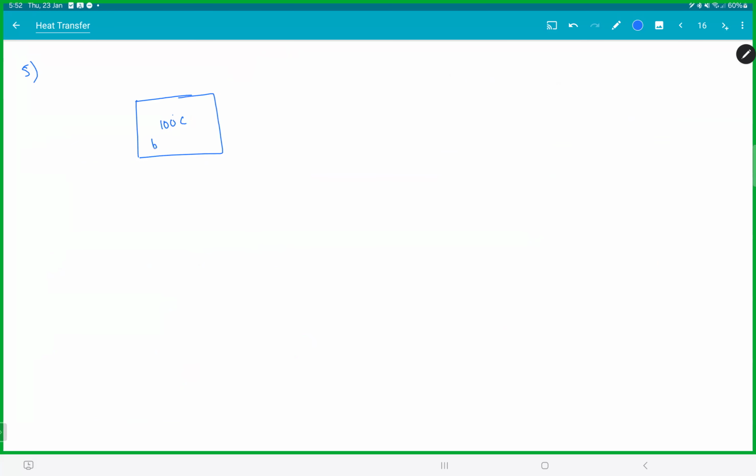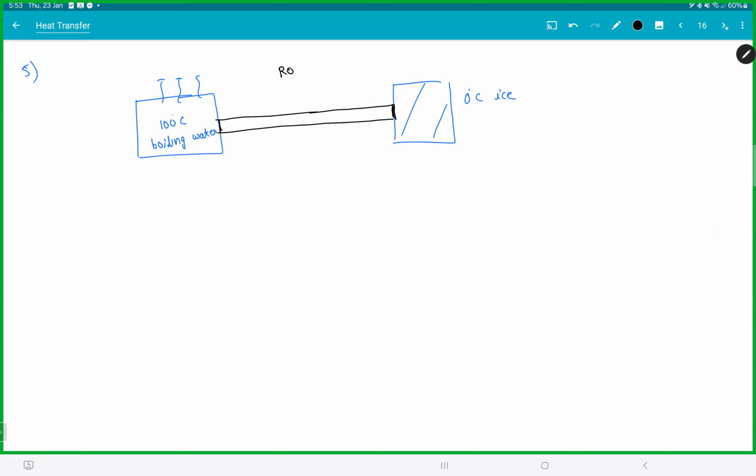We have 100 degrees boiling water. We have 0 degree ice block. Now what you did, you connected these two with a rod. And you placed a heater somewhere here.